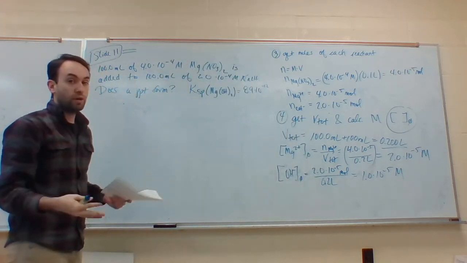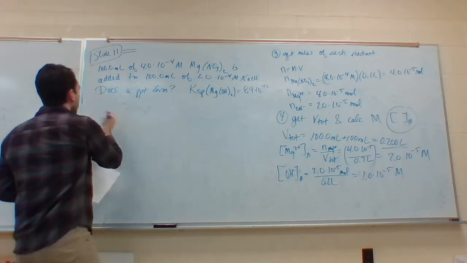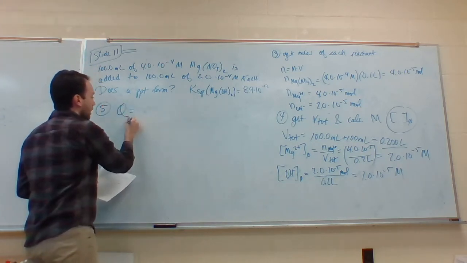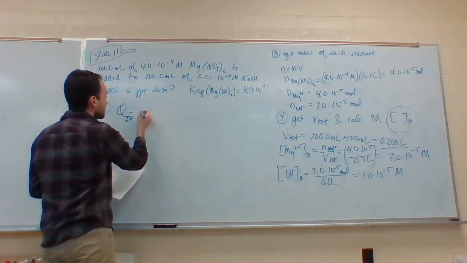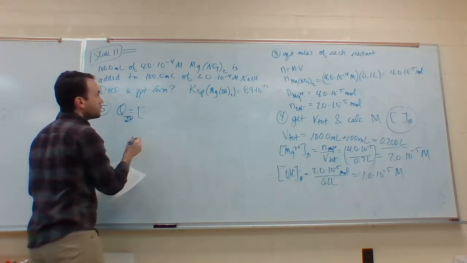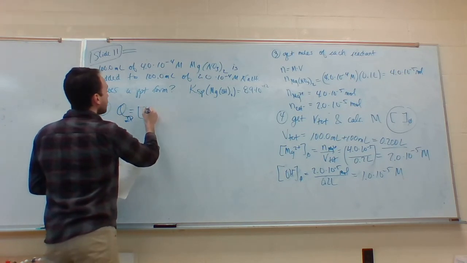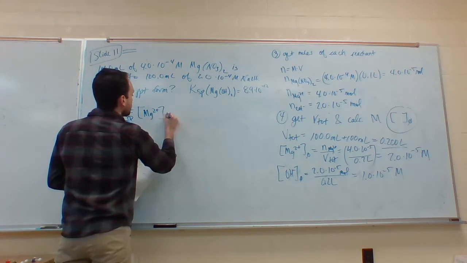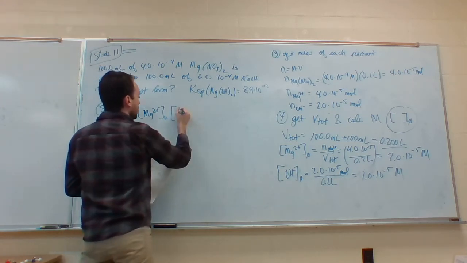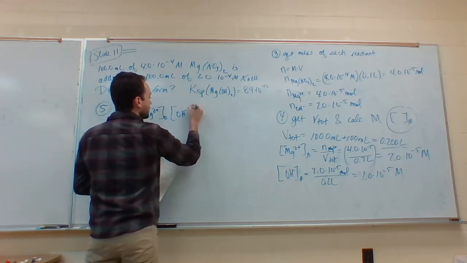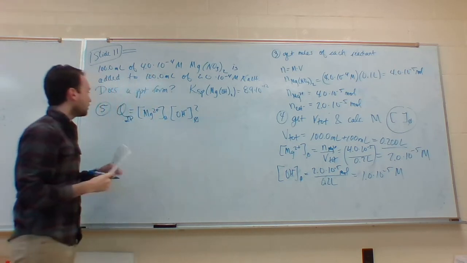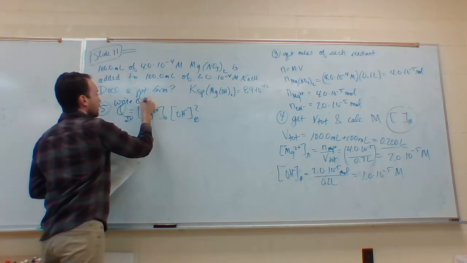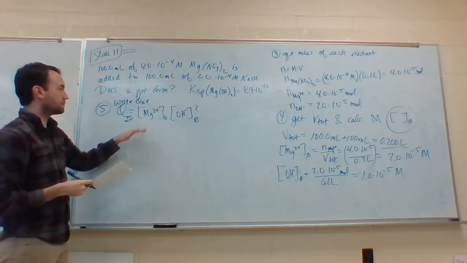Because I know that I need to get my Q, and I know that my Q, my ion product, is going to be equal to my initial concentration of Mg2+ times my initial concentration of OH- squared. So we're going to write our Q_IP.